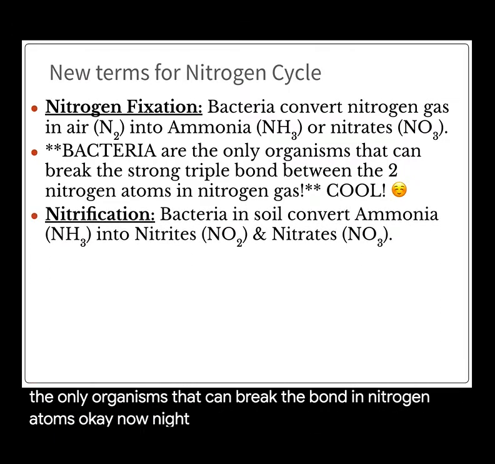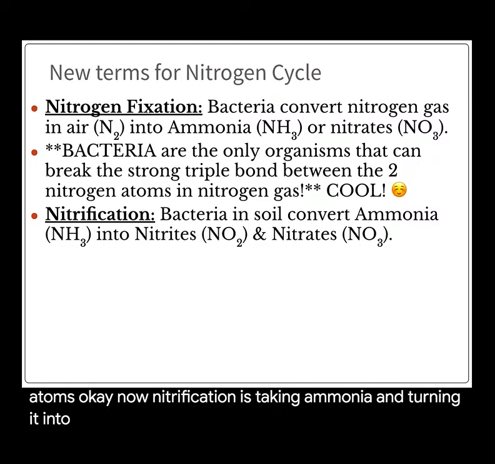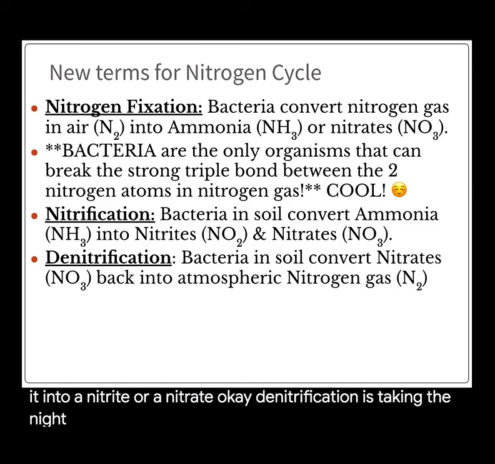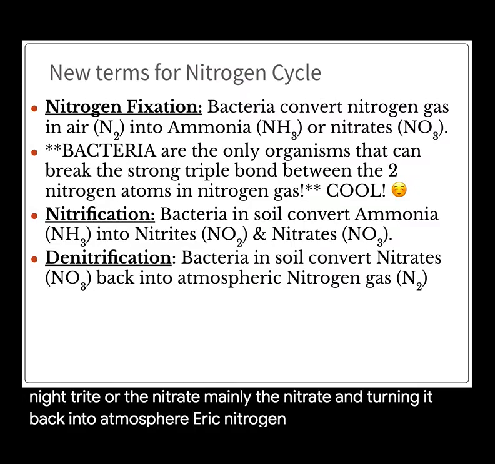Now, nitrification is taking ammonia and turning it into a nitrite or a nitrate. Denitrification is taking the nitrite or the nitrate, mainly the nitrate, and turning it back into atmospheric nitrogen.